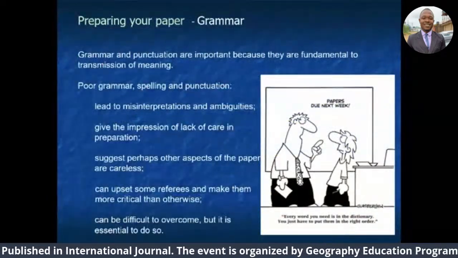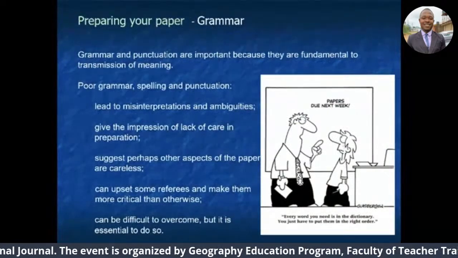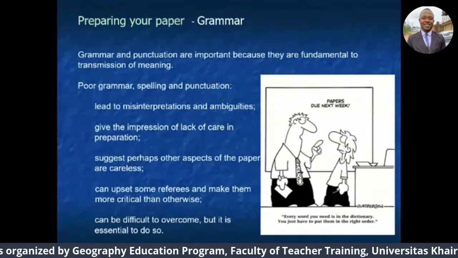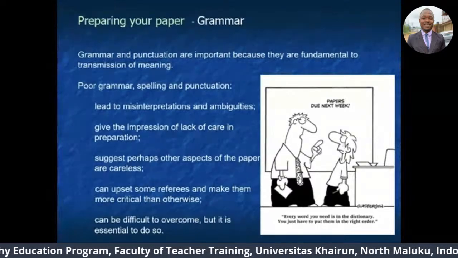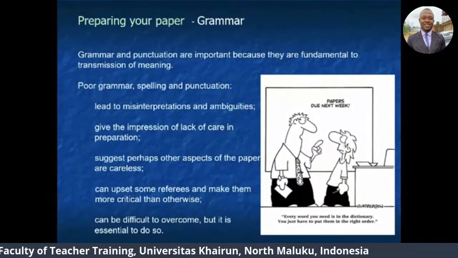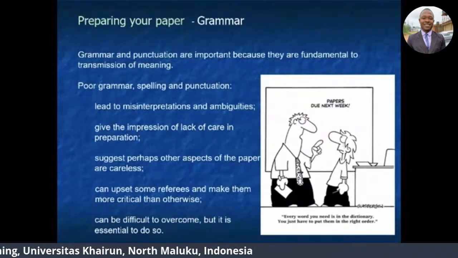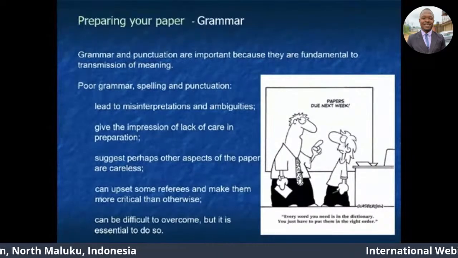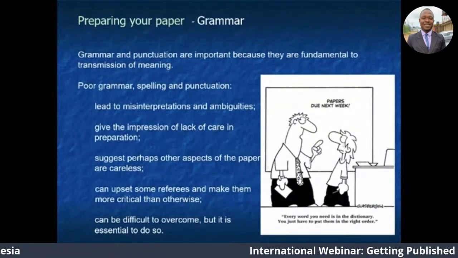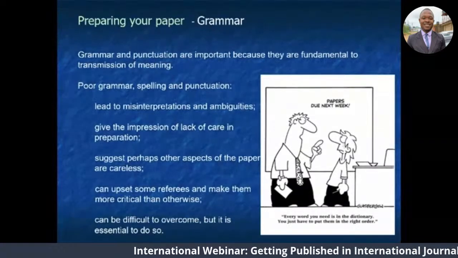After preparing your paper in the journal format, it's very important that you go back to your work and cross-check for the last time to make sure everything such as bad grammar, spelling, and punctuation errors is eliminated. Please, it's very important.